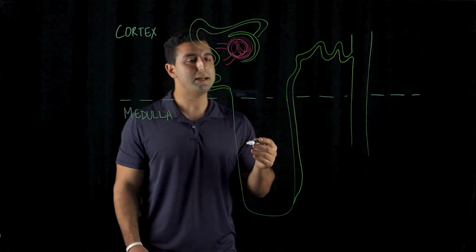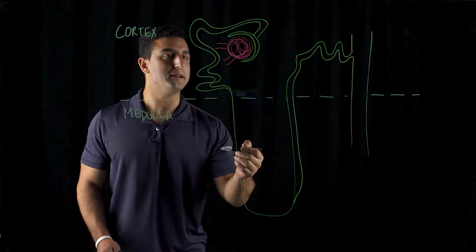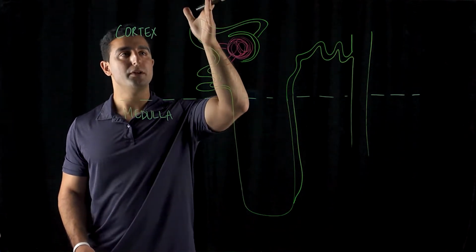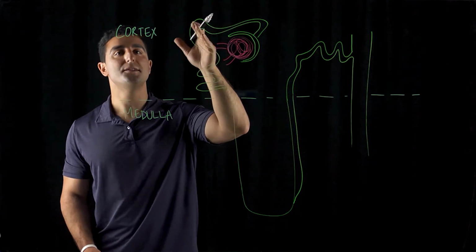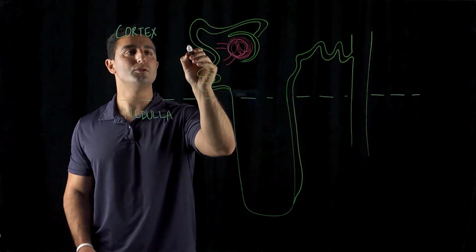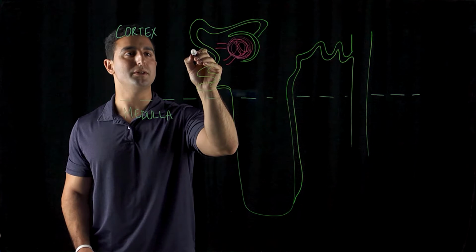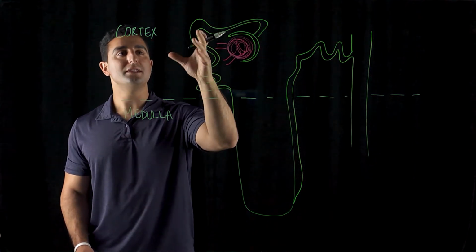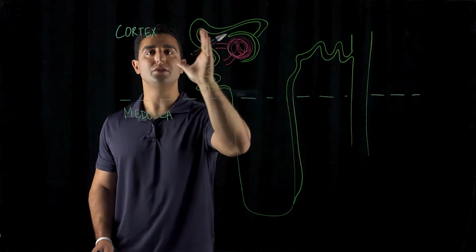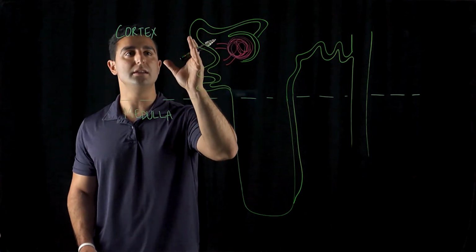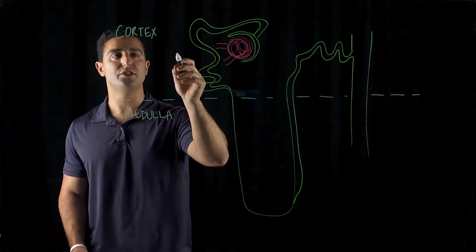So if we go back to the basics, before we look at the loop of Henle, at the proximal convoluted tubule, what usually happens here? You usually have sodium and potassium reabsorption. Other metabolites are also involved, but the majority of these ions go into the extracellular fluid in the interstitial space.